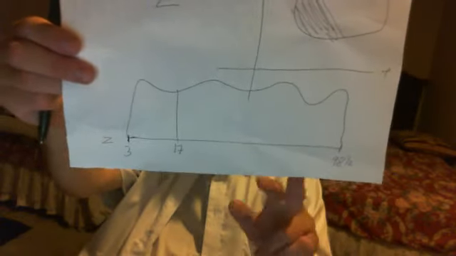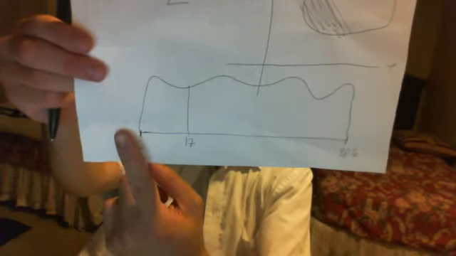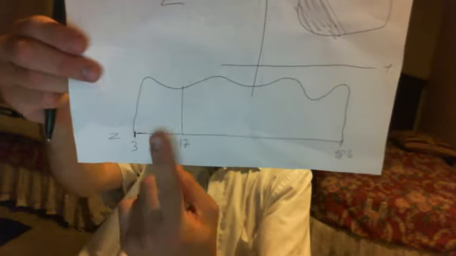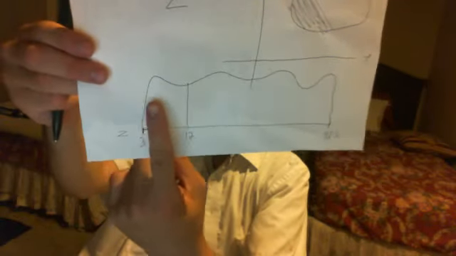So as you see, it is the ones that go from here to here, this whole area. That is the volume of 3 to 17.